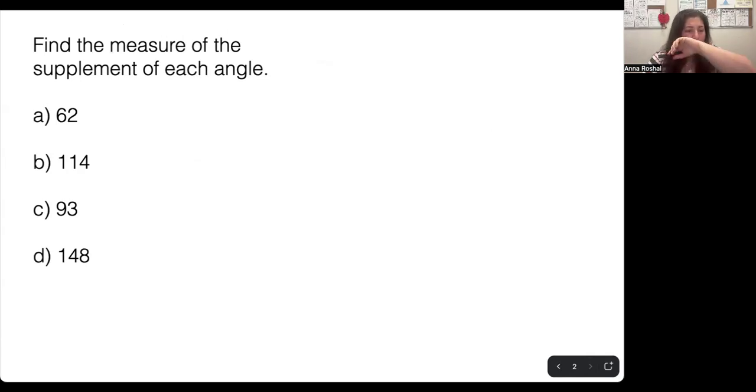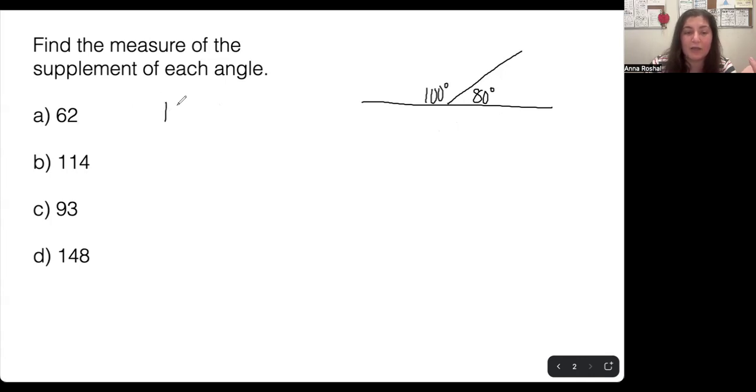This one says find the measure of the supplement of each angle. We know that supplementary angles, let's assume that's a straight line, add up to 180 degrees. For example, if this is 100 degrees and this is 80 degrees, I can add them together to get 180 degrees. So for all of these, I would just take 180 and subtract whatever the degree is.